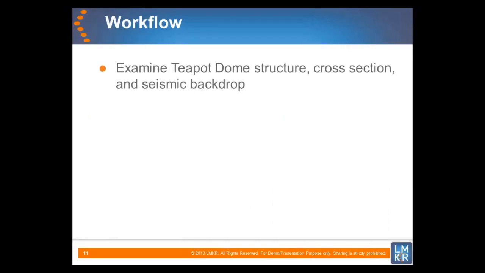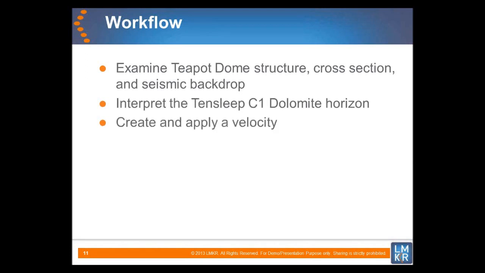Our workflow will be to examine the Teapot Dome structure, cross-section, seismic backdrop in Smart Section, our 3D visualization and geomodeling environment. Then we will interpret the Tensleep C1 dolomite horizon in new SeisVision 64.